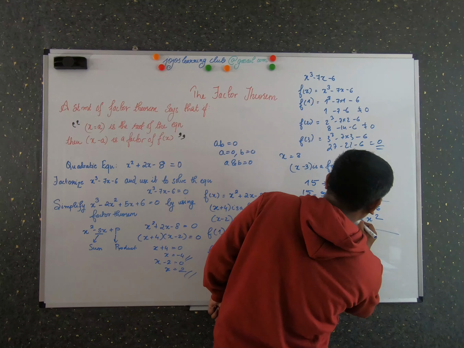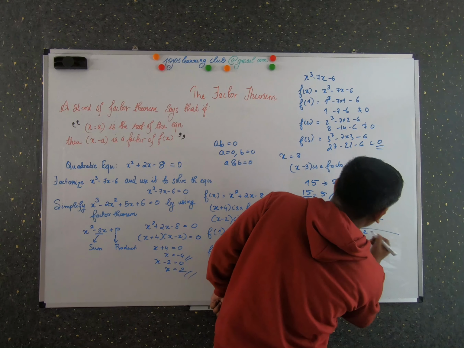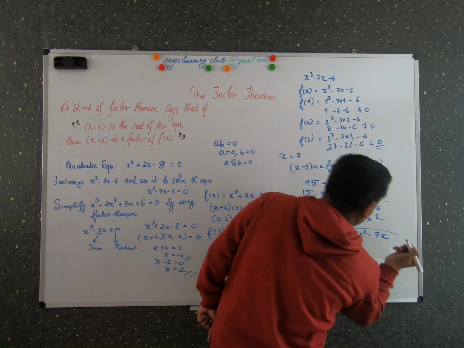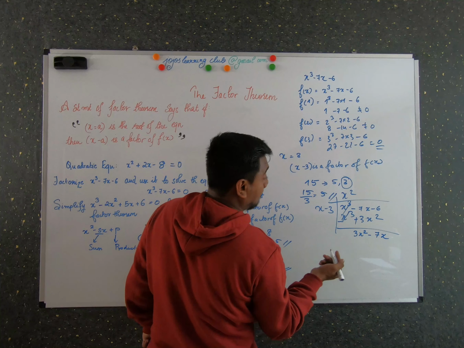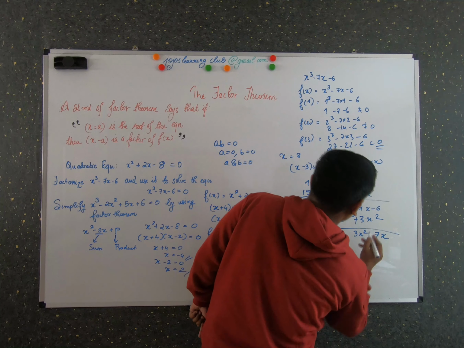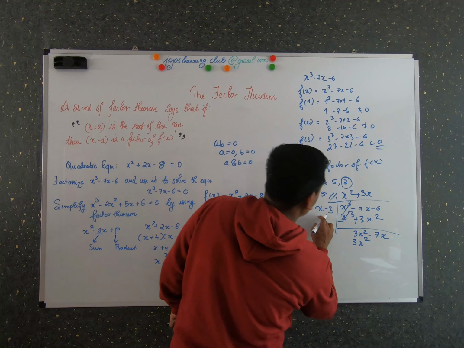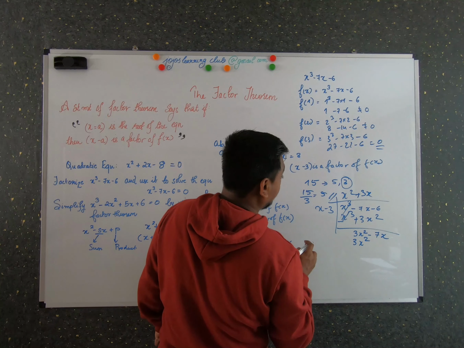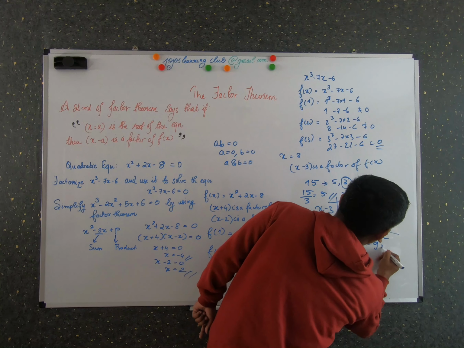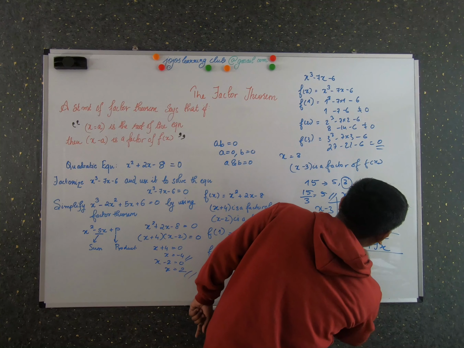So this gets cancelled and it is plus 3x square, then again minus 7x, right? Now you have plus 3x. So 3x square, and minus 3 into minus 9x would again be plus and minus.